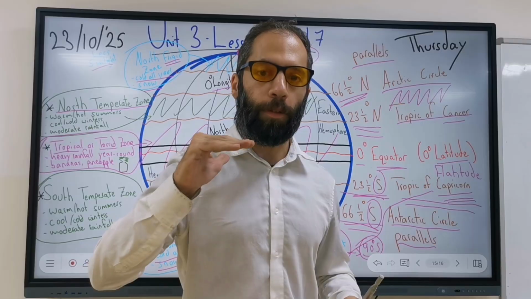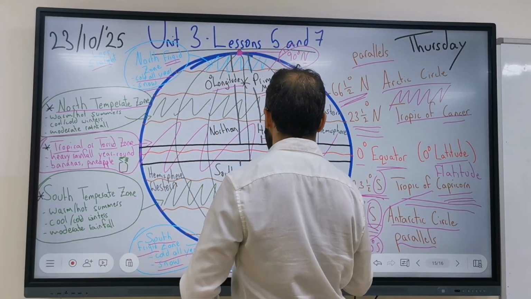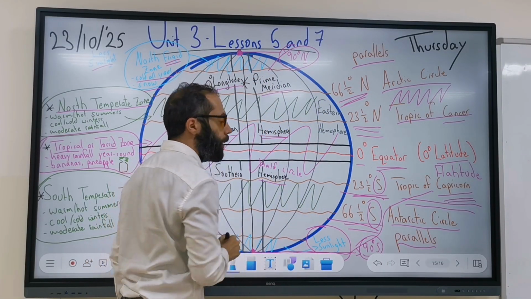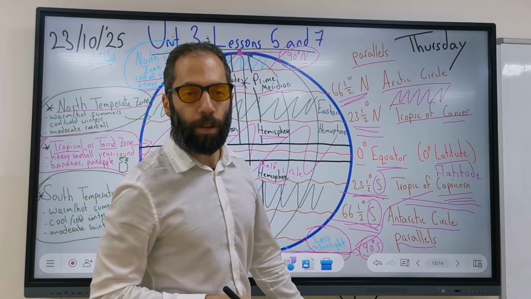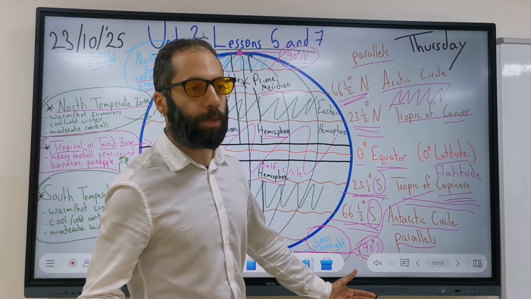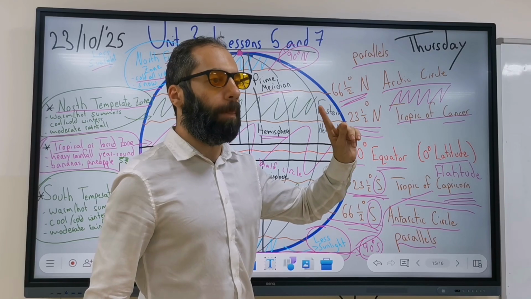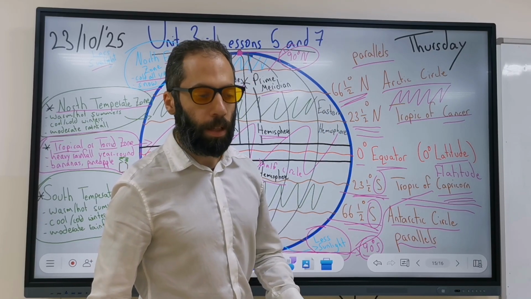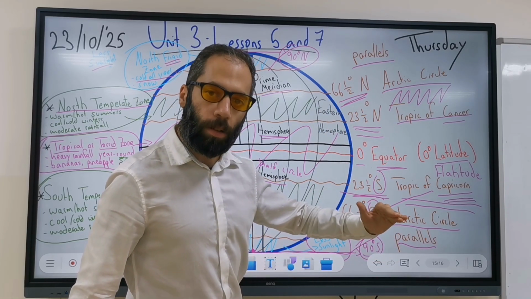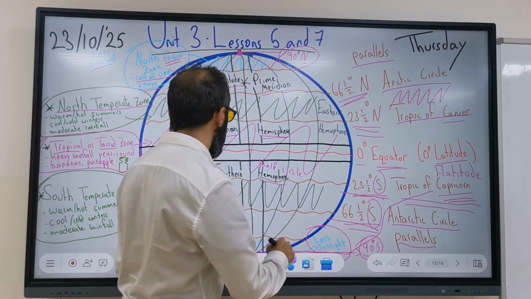So, the top half is called the northern hemisphere. Of course, north means up, hemisphere means half circle. The northern hemisphere is the top half of the globe. Now, to its opposite, we have the southern hemisphere.